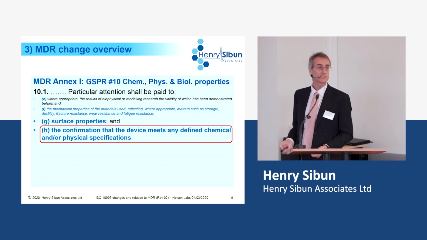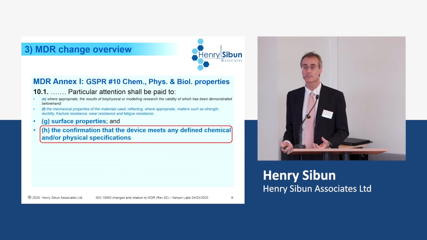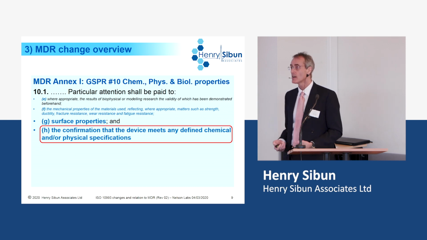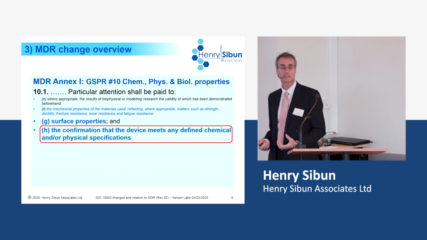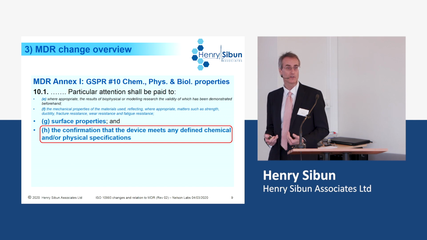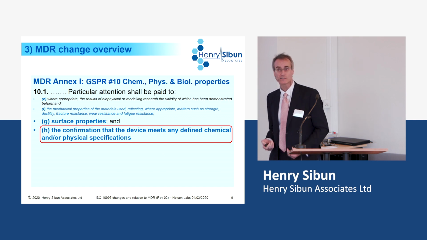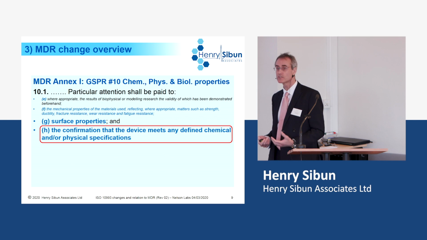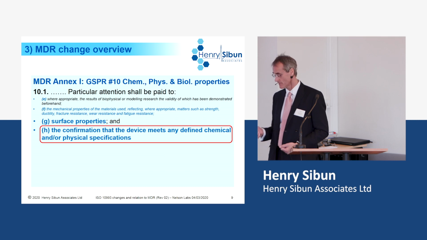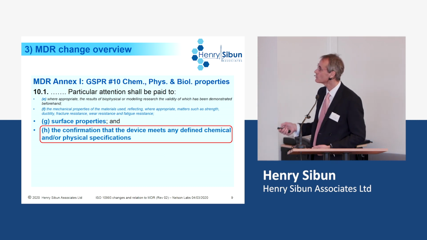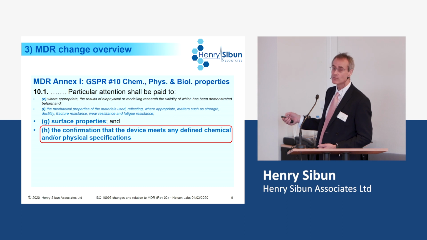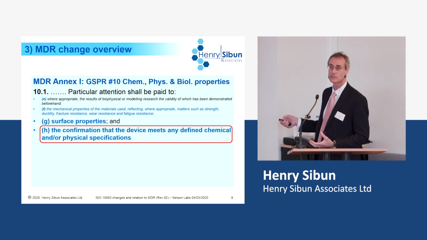It's quite simple for something like metal alloys purchased to make hip implants, for example, and they'll come with a certificate of analysis with the various alloy components and mixes. Other things like polyvinyl chloride tubing is more complicated because you don't know what the manufacturers put into that. They won't tell you. You need to assess that. So this, I think, will highlight the need for more detail in your technical documentation for the chemical and physical nature of the product.